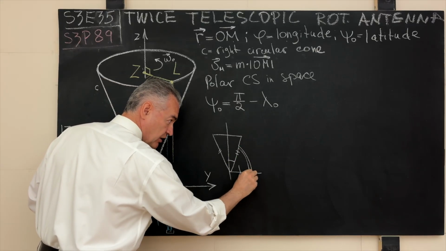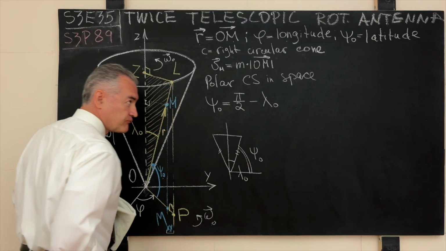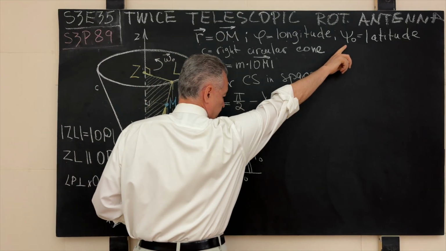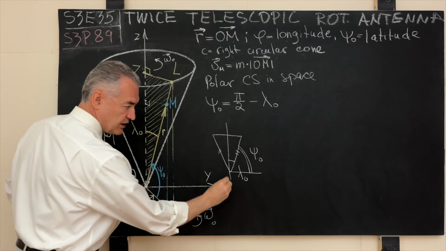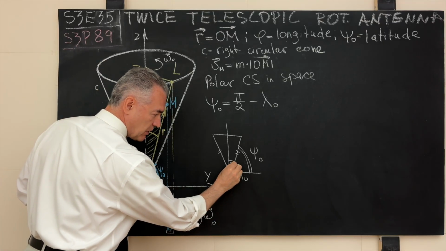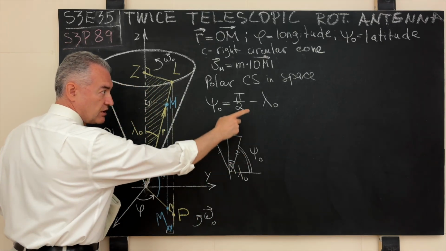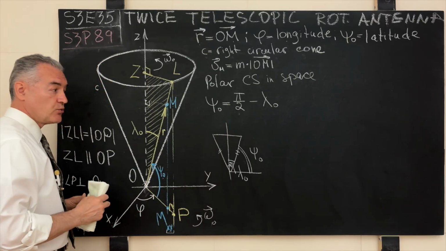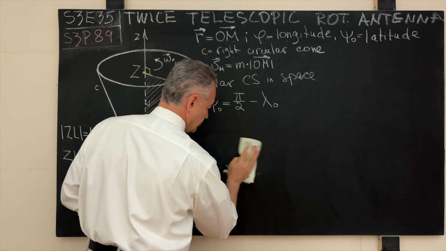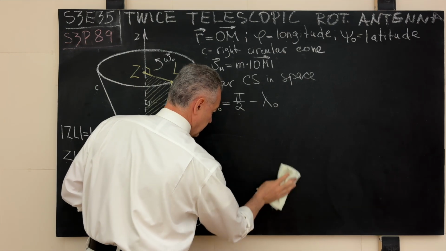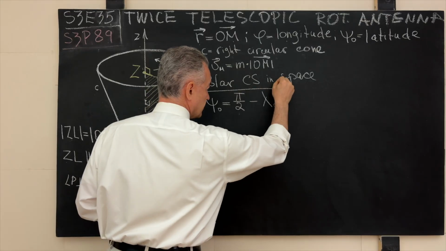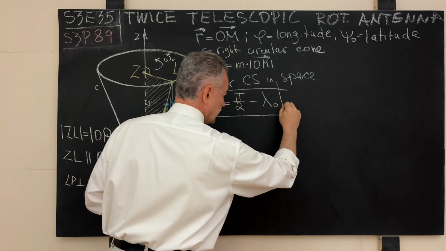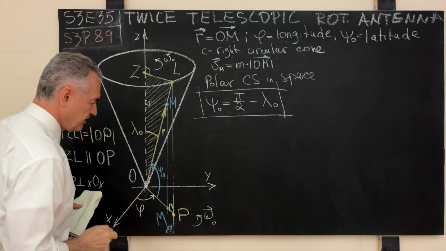This is our latitude psi 0, you see. So what is the magnitude of the angle psi 0? Well, it's pi over 2 minus lambda 0. This is what we have. This is equation number 1, and this is already one equation on the books. Let's put it into a nice little box, and we have it.